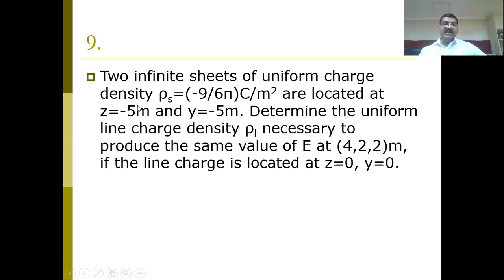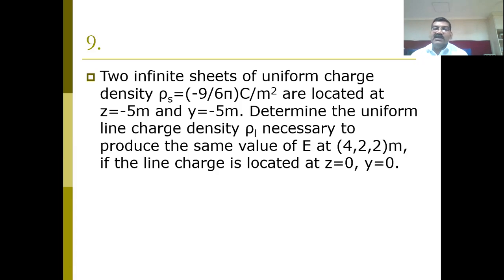So you will get E due to these two sheet charges, and that E you have to equate with the rho L line charge, which is located at Z equals to 0 and Y equals to 0. The line charge location is given. Now E you got, the location you got, again you have to equate the magnitude only, similar to the previous problem.